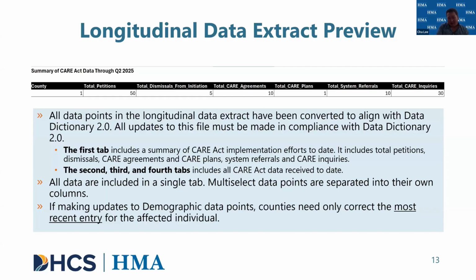Multi-select data points are separated into their own columns. And for demographic data points, the county only needs to correct the most recent entry for the affected individual. So that is just a quick brief on the longitudinal data extract. And with that, I will pass it back to Jessica.